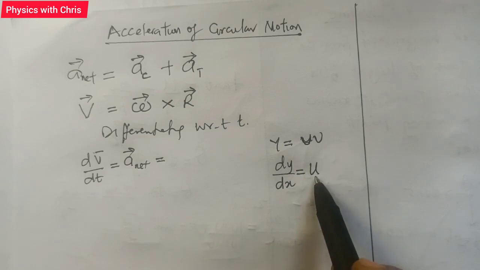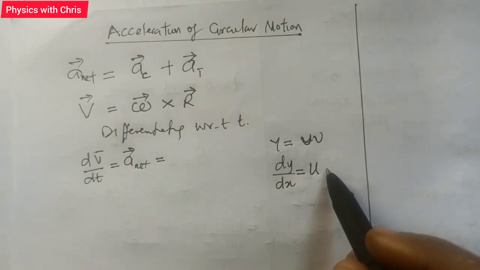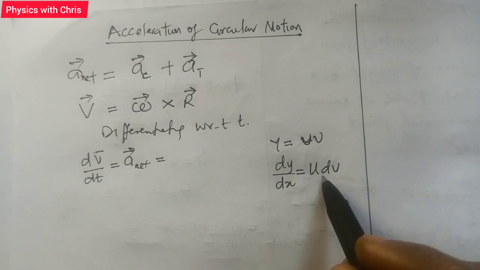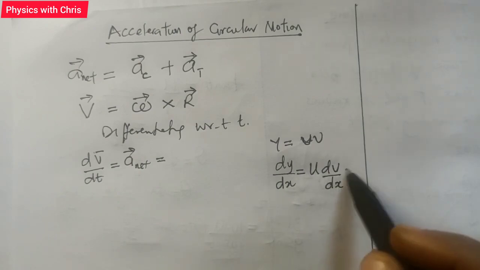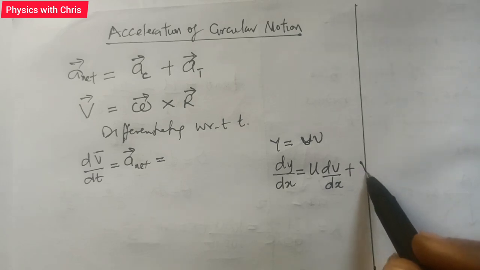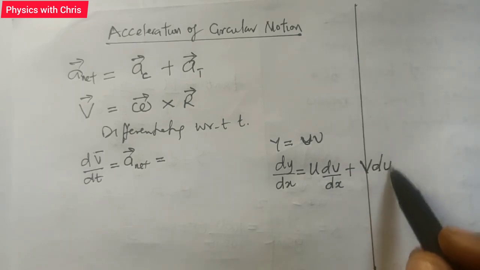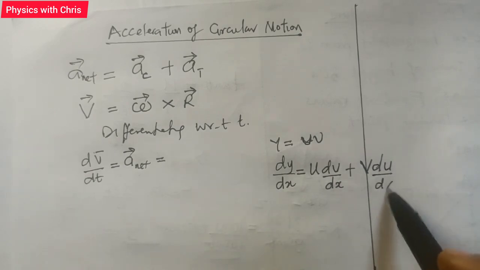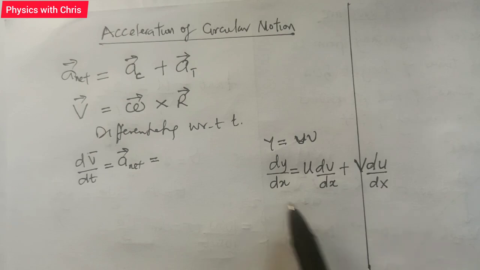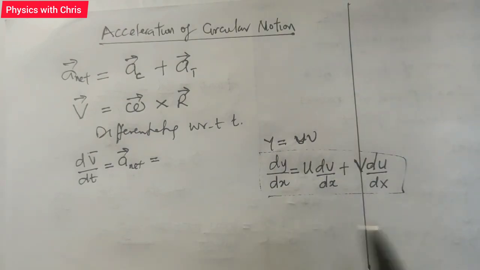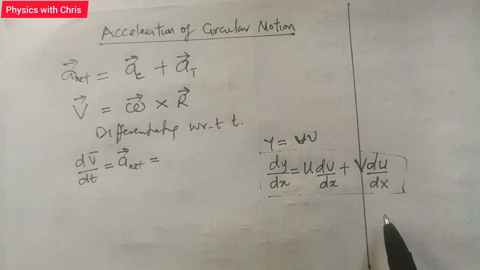Keep the variable u constant, then multiply by the derivative of v with respect to x, plus you keep v constant, then multiply by the derivative of u with respect to x. You can see that now. This is the formula we use in differentiating products of two algebraic expressions.